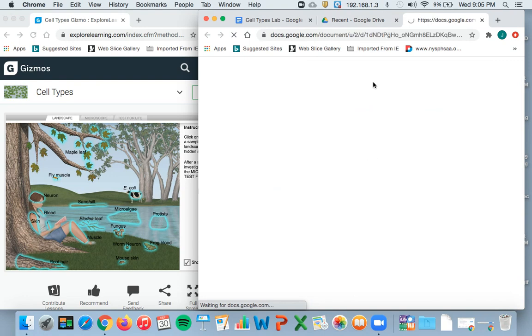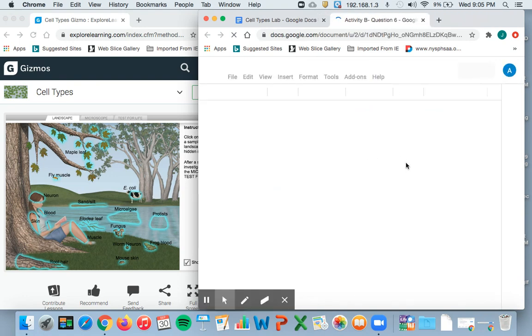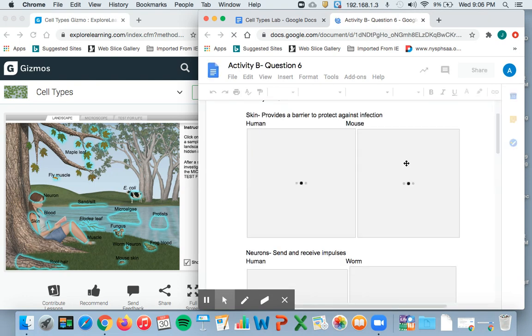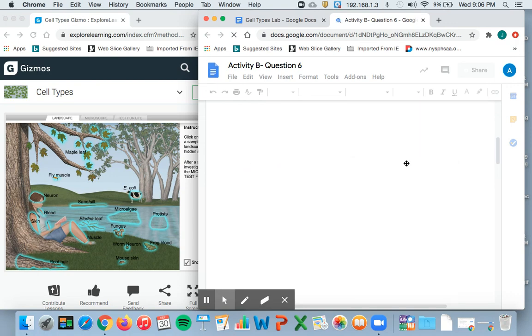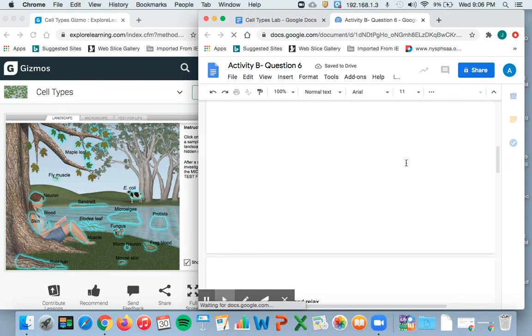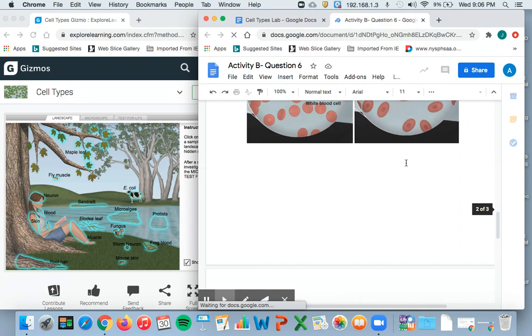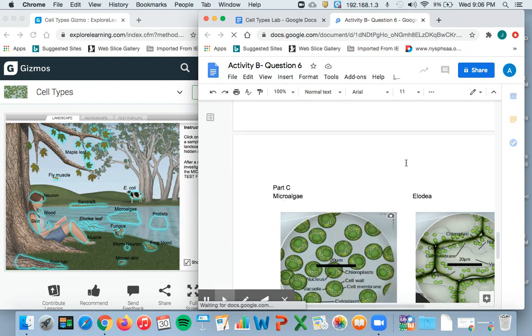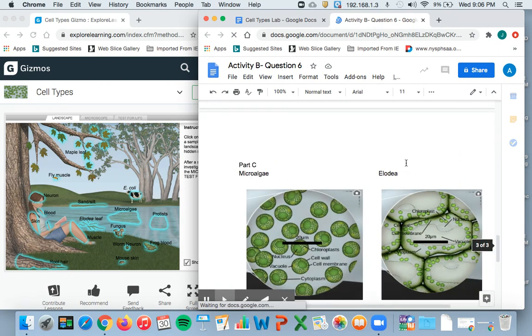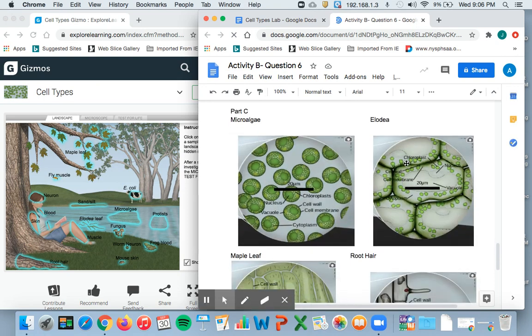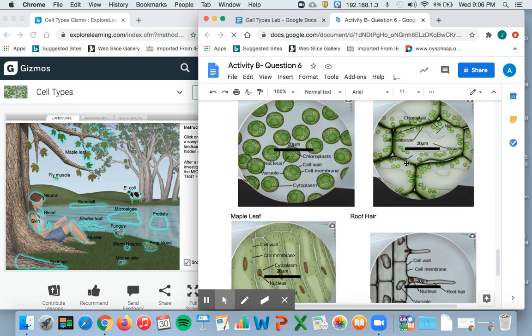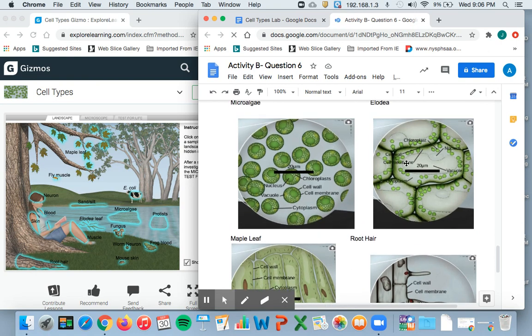Hopefully this makes your observations a little easier to see. We're scrolling down. Here we go. On our screen, we are able to view the samples of the four types of cells they were asking us to look at.